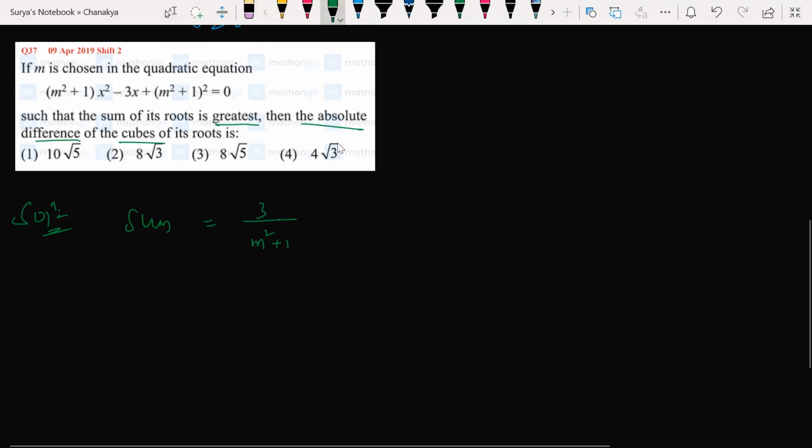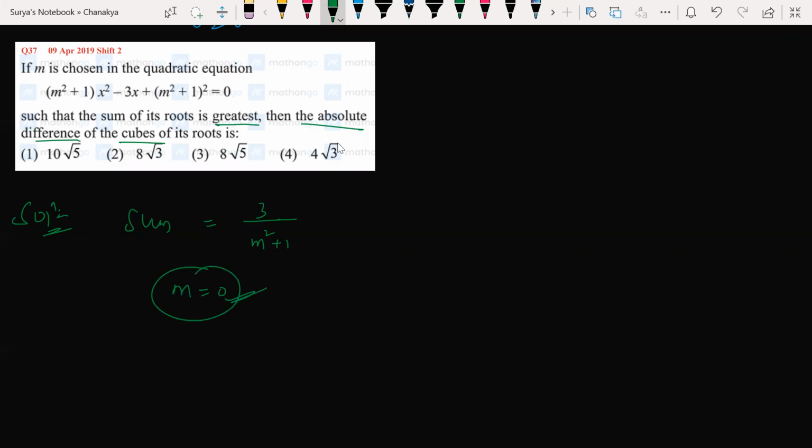Now, the sum of its roots is greatest, he has given. What should be the m value? The m value will be 0.